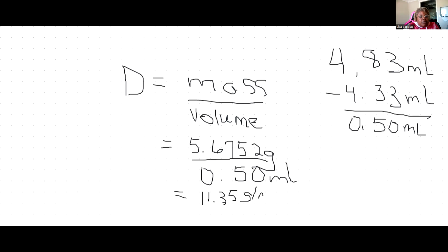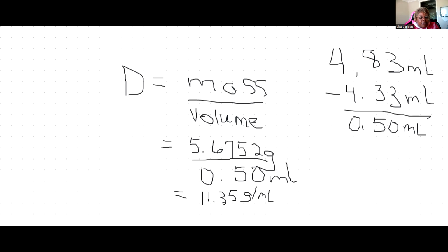Right. And when you're looking at this, when we're doing significant figures for our calculations, for division, you will learn this week, you will always go with the least number of significant figures. So 0.50 has two significant figures, so your answer should have two significant figures.